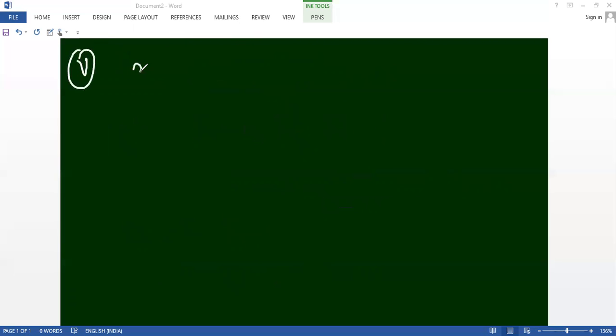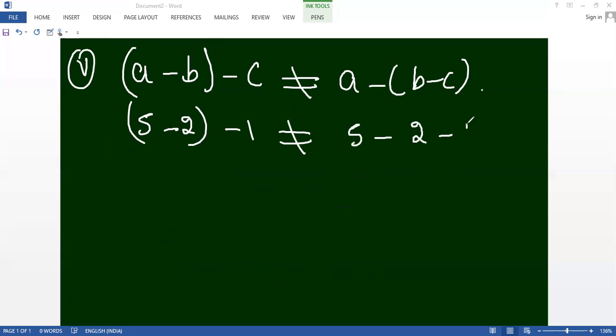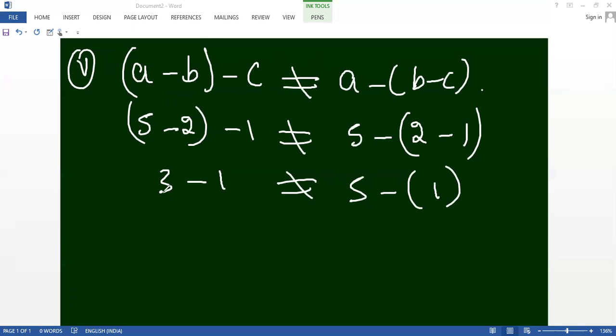And one more property is the associative property: A minus B minus C. If you take another example, 5 minus 2 minus 1, it will not be equal. 5 minus 2 is 3, minus 1 that is 2, which is not equal to 5 minus (2 minus 1), which is 5 minus 1, that is 4.